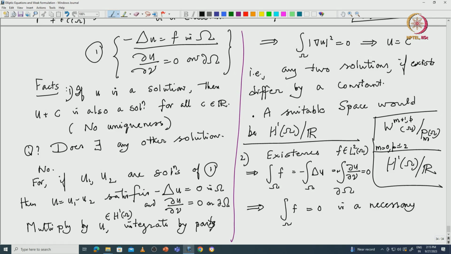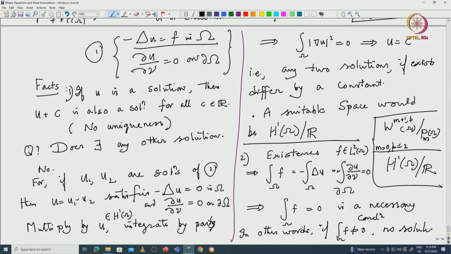Necessary condition. In other words, this necessary condition is always important. If necessary conditions are not satisfied, if integral of f over omega is not equal to 0, there is no solution.